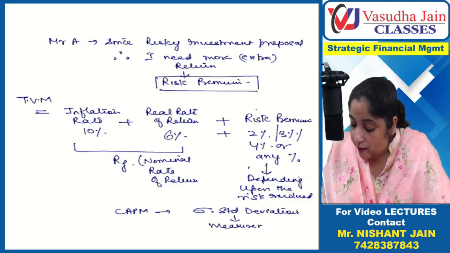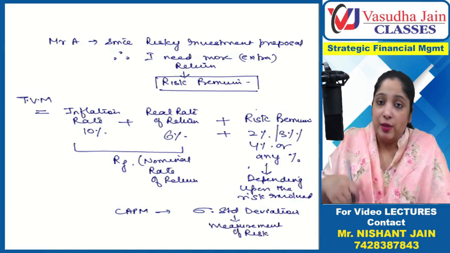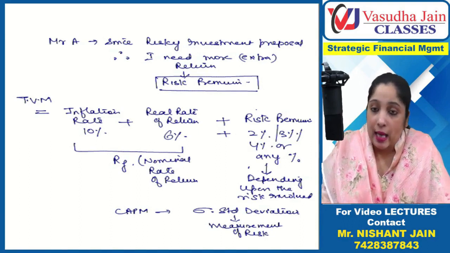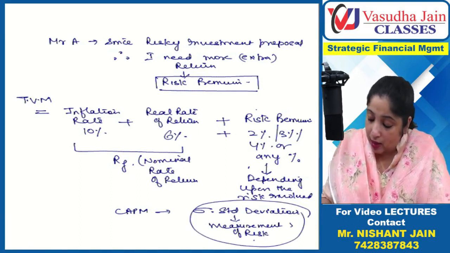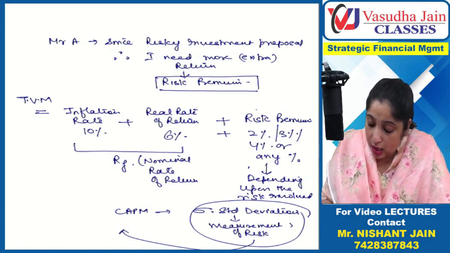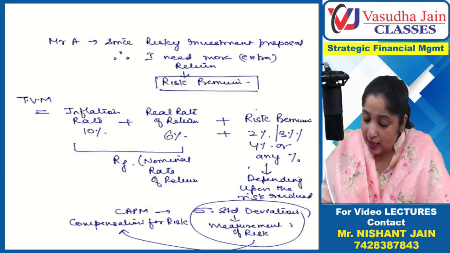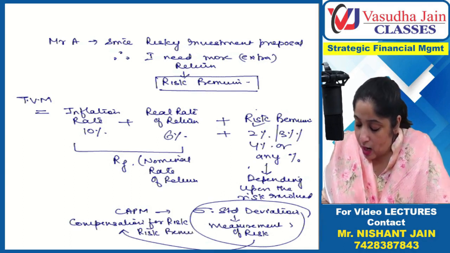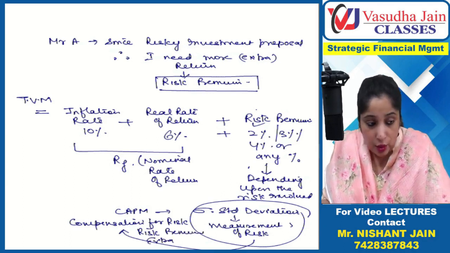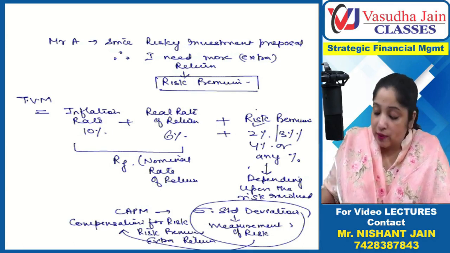First of all, we will measure how risky it is to give money to Mr. A. Once we are able to measure the risk, then we will compute how much compensation we should get for risk, that is how much extra return, how much risk premium we should get. That we are going to compute. So, this we are going to learn.